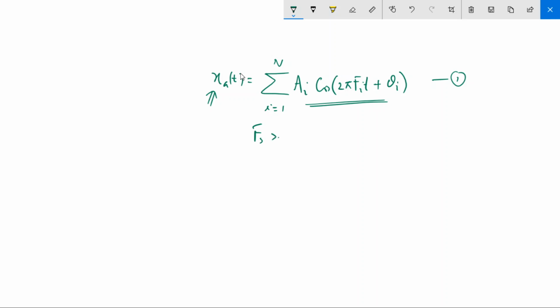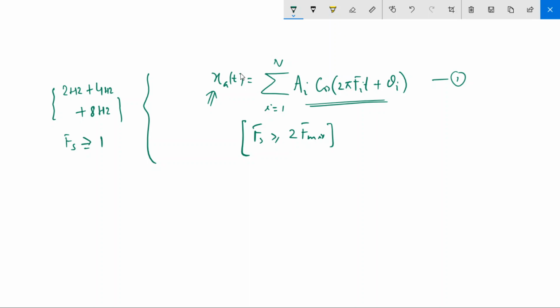Again, you have to see what is the maximum frequency in this entire signal, and your sampling rate must be twice of the maximum frequency. Suppose you have a signal which comprises three frequencies: 2 hertz plus 4 hertz plus maybe 8 hertz. What should be the minimum sampling rate for this signal? The maximum frequency is 8 hertz, so it should be greater than or equal to 16 hertz. So 16 hertz is the Nyquist rate.